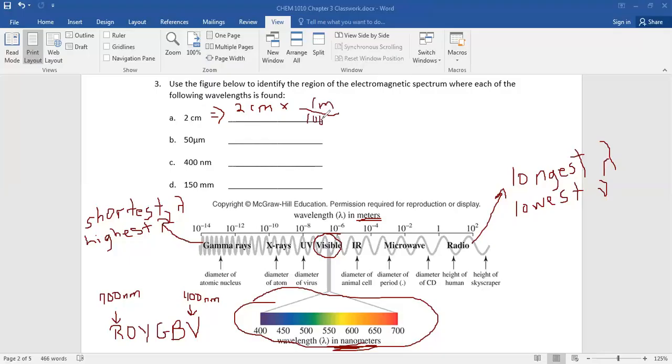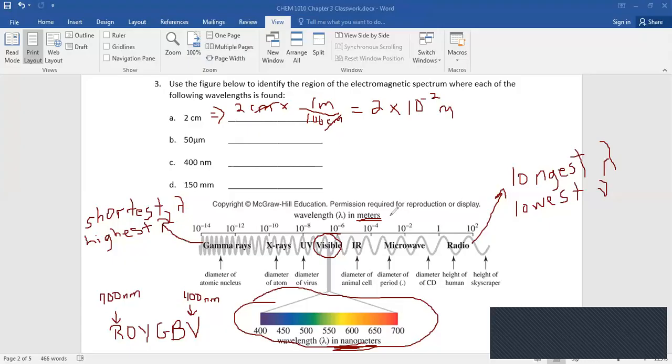There's 1 meter per 100 centimeters. So we do the math. We get 2 times 10 to the negative 2 meters. And that's going to be in the microwave region.